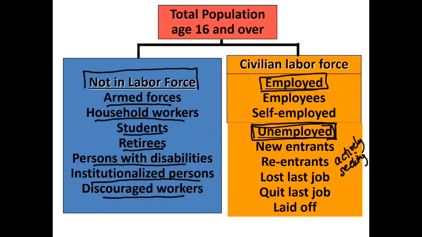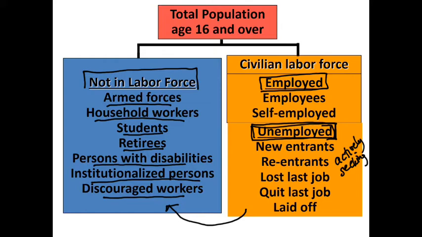If someone becomes discouraged because of the labor market conditions, and if that person stops looking for a job, that person leaves the civilian labor force and enters not in labor force.